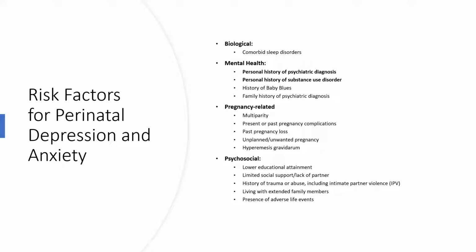And depending on the study, somewhere between 20 and 45% of women with a substance use disorder will experience postpartum depression. And that association is actually bidirectional, so that individuals with postpartum depression are also at elevated risk for substance abuse or misuse as well. And then we also see things like pregnancy complications or pregnancy loss, low social support, increased financial stress, and the experience of intimate partner violence.